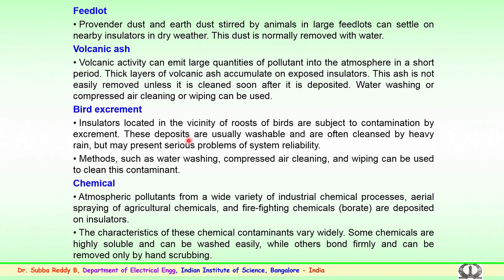Atmospheric pollutants from a wide variety of industrial chemical processes, aerial spraying of agriculture chemicals and firefighting chemicals are deposited on insulators. The characteristics of these chemical contaminants may vary widely. Some chemicals are highly soluble and can be washed easily, while others bond firmly and can be removed only by hand scrubbing.